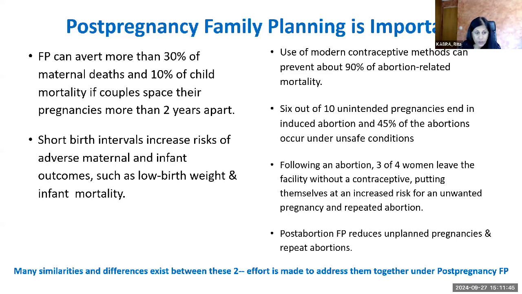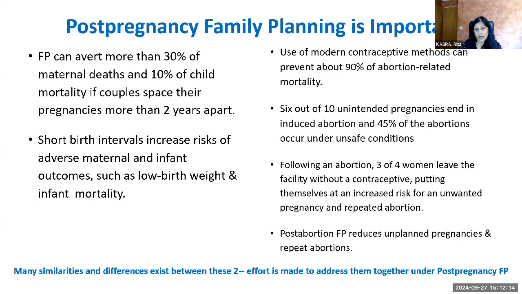Evidence shows that short birth intervals increase the risk of adverse maternal and infant outcomes, such as low birth weight and increased infant mortality, and hence we need to avoid those. Similarly, using a modern contraceptive method may prevent up to 90% of abortion-related mortalities, which may be because of unintended pregnancies.